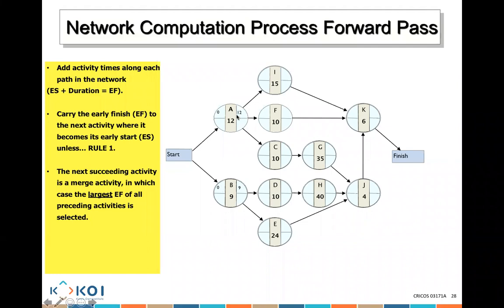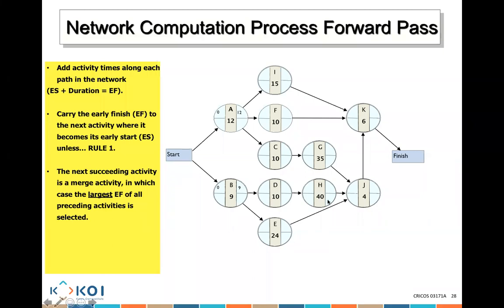Now this early finish becomes what? Look here. Carry the early finish to the next activity, where it becomes an early start. So this early finish of 12, where does it go now? It goes to I, F, and C. That is correct.